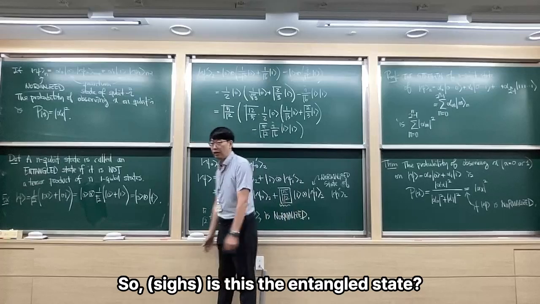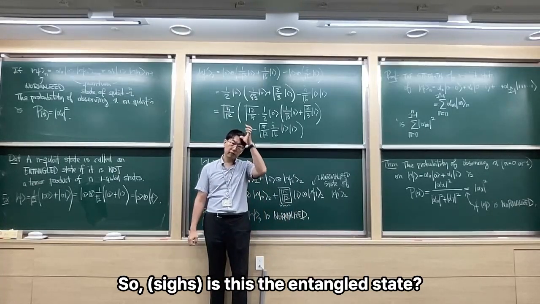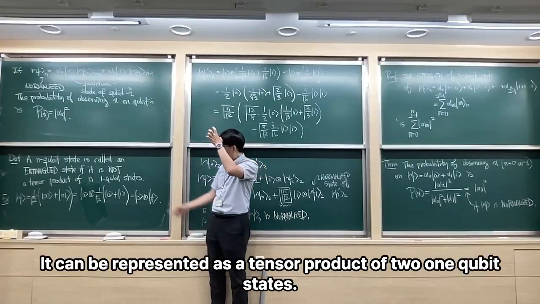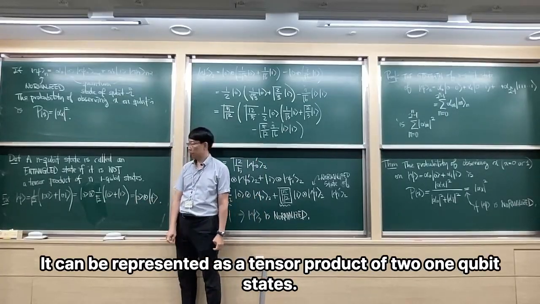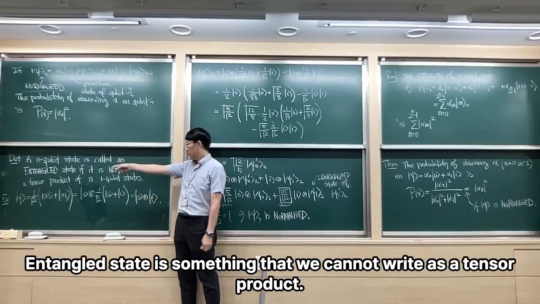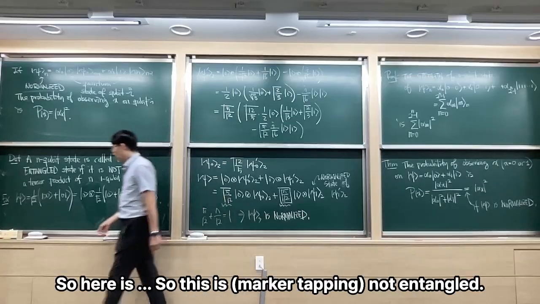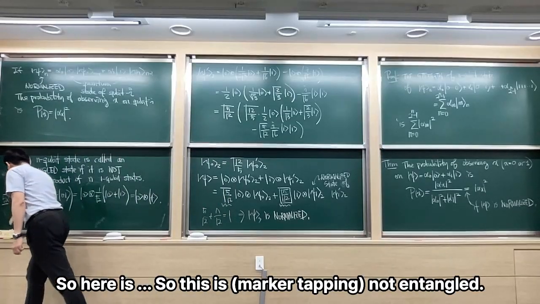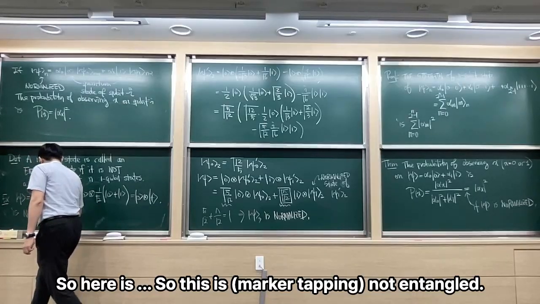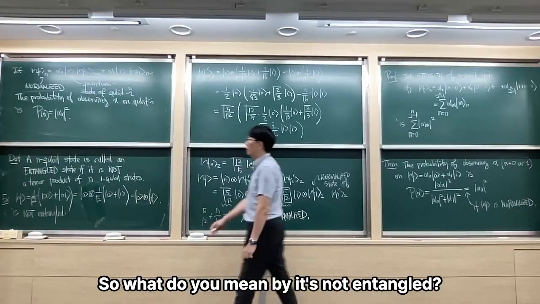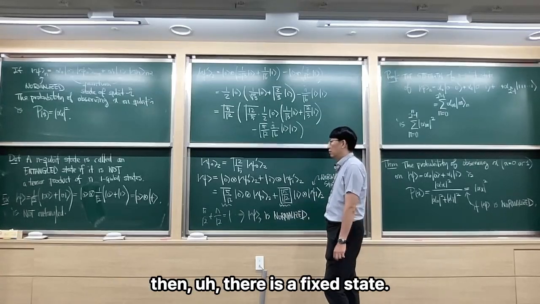So is this an entangled state? It's not an entangled state. It can be represented as a tensor product of two one-qubit states. Entangled state is something that we cannot write as a tensor product. So this is not entangled. What do you mean by it's not entangled? It means that if I take any measurement, there's a fixed state.